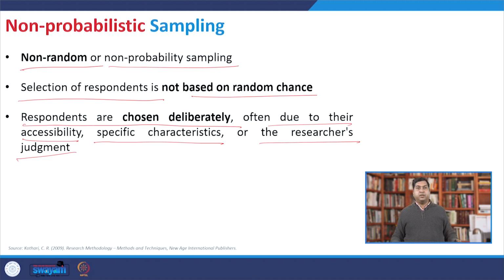It is not random. I know they are good respondents, so I select them. For such cases it will be non-probabilistic. There is no probability of who will be selected and who will not be. It is just that I know this person would be the best one to pick, and I select them.